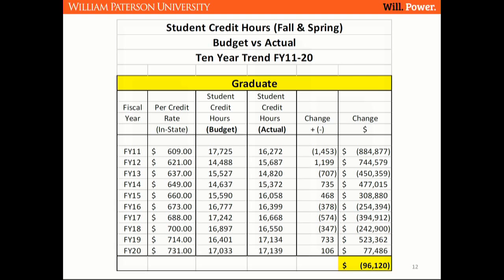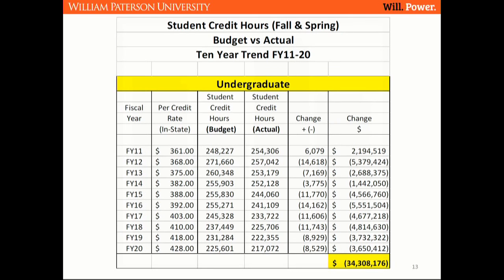However, when we look at undergraduate, this is the big nut. The fact that we went down for over 10 years in undergraduate enrollment, you can see year to year what this has done to the budget as far as what we originally expected in enrollment. And this is a reflection of the actual enrollment year to year.